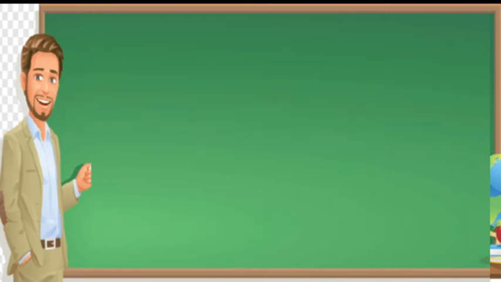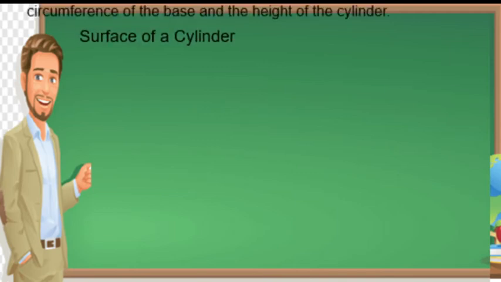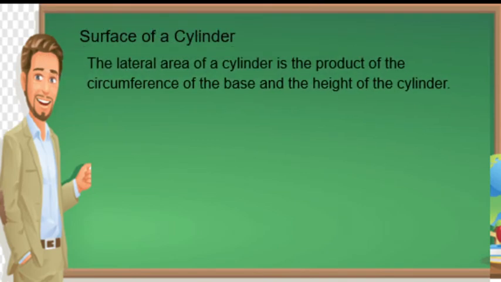Okay, now, to define the lateral area of a cylinder, that is the product of the circumference of the base and the height of the cylinder, which is equals to LA is equals to 2 pi RH.